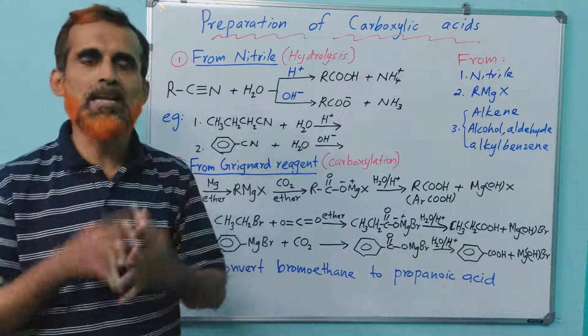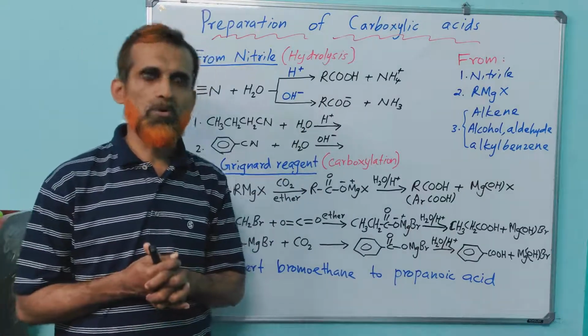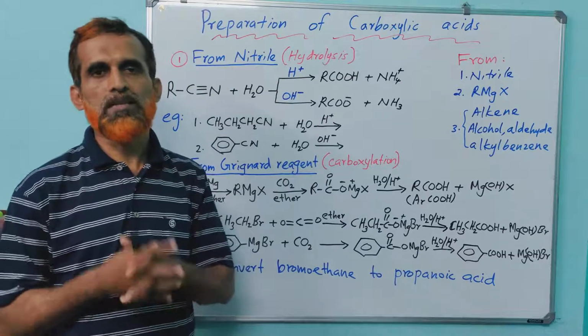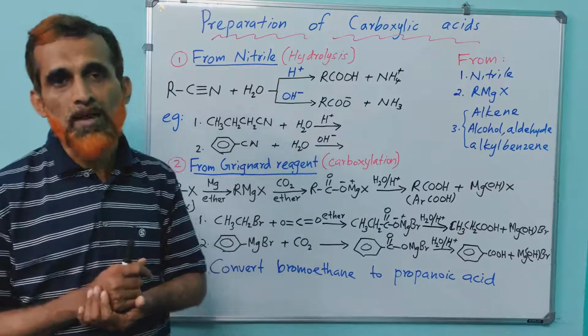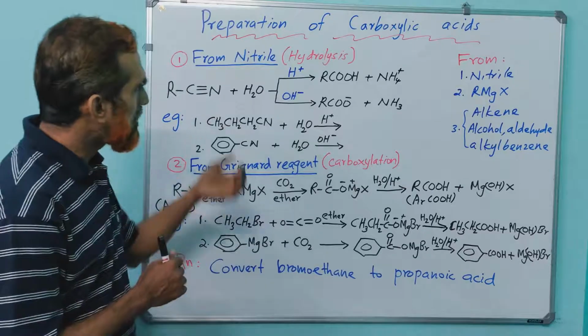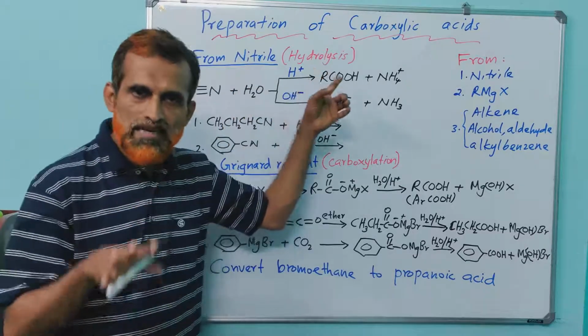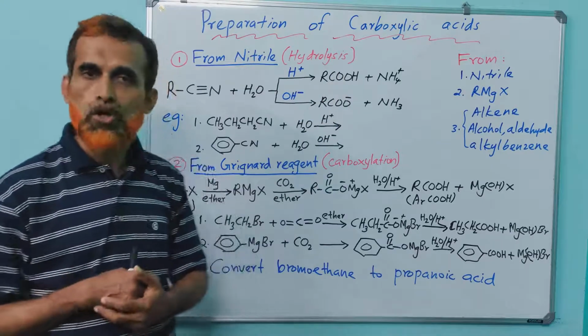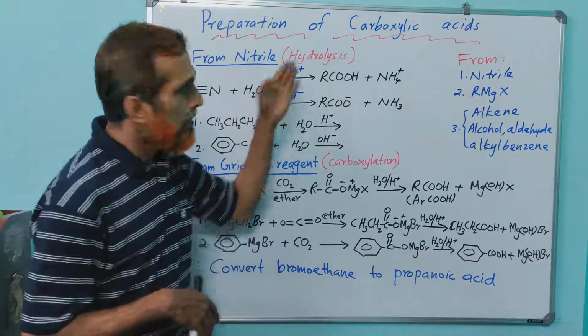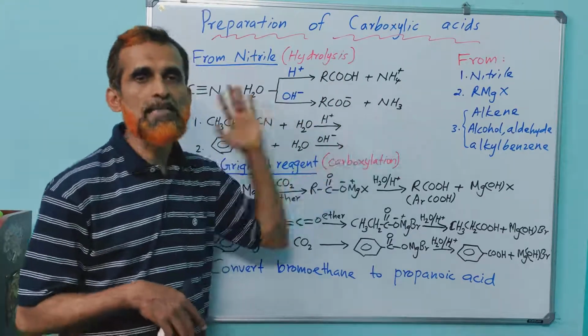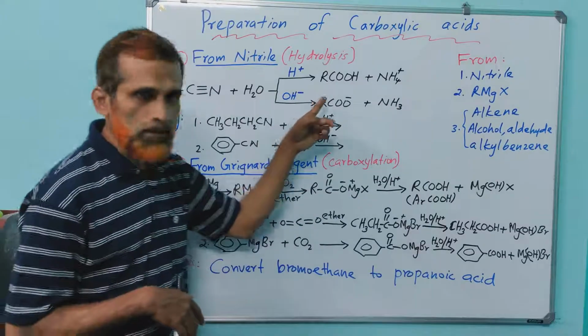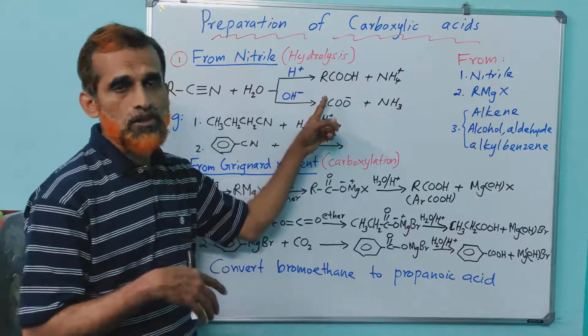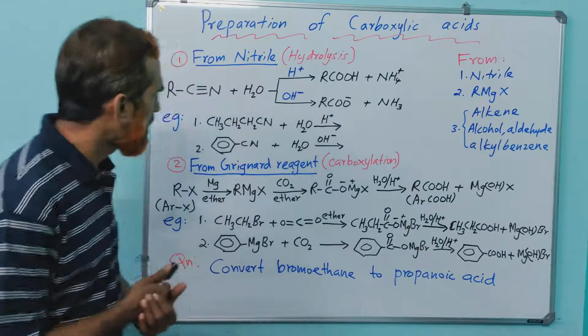So this is a general rule, an important generalization which you can find in organic chemistry. If a reaction is taking place in acidic condition, acid will be free and base will remain as salt. In basic condition, base will be free and acid will appear as the salt or its carboxylate ion.